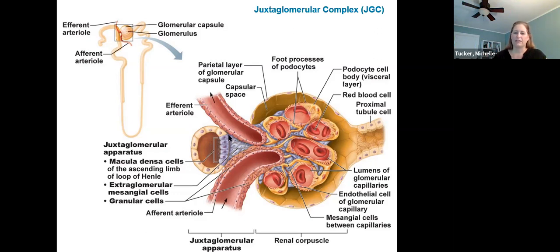And then they are connected through these mesangial cells to the granular cells of the afferent arteriole, which are going to act as mechanoreceptors to monitor blood pressure. So this juxtaglomerular complex or apparatus consists of these 3 cell populations.